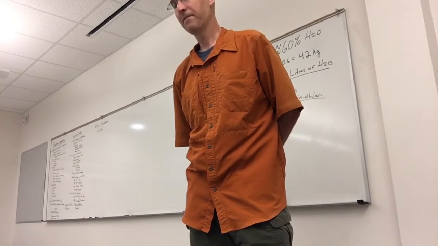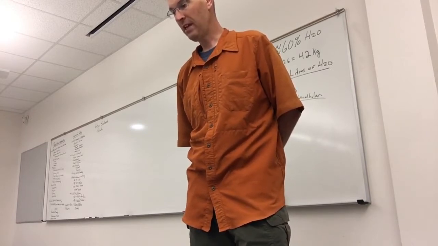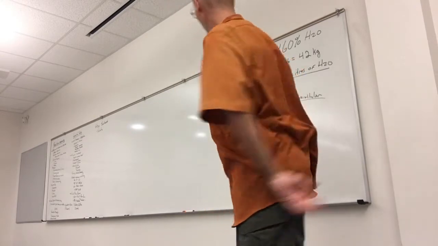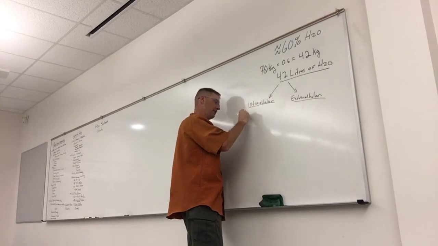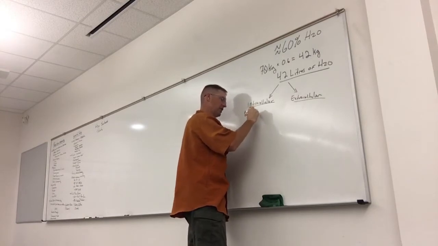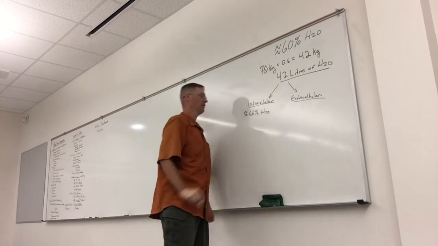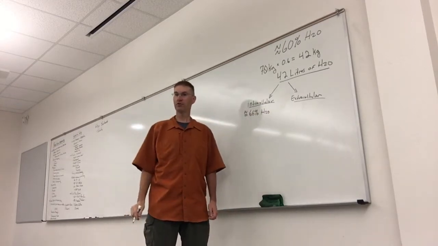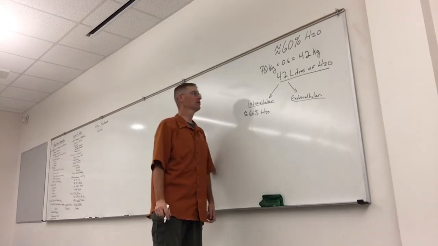You'd think. It's actually mostly inside of the cells. Approximately 66% of all the water in your body exists within the cells, within the intracellular compartment. All right? So let's just figure that out.